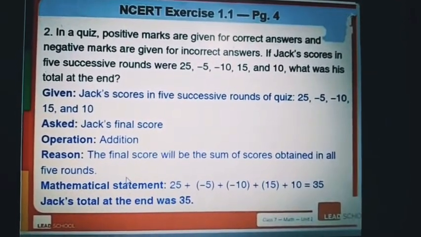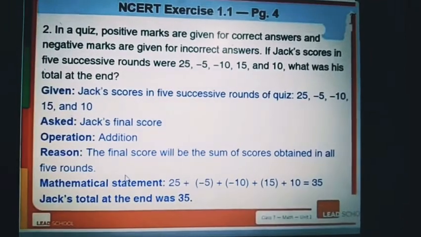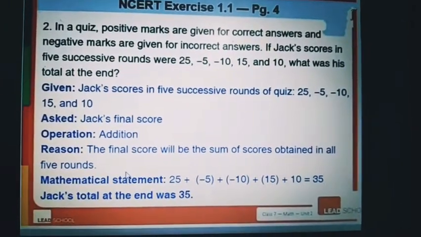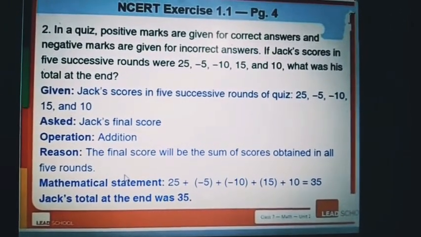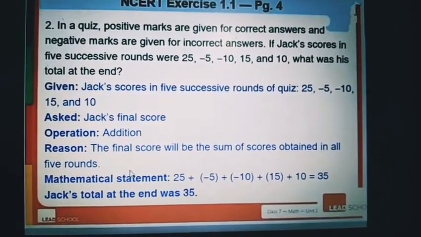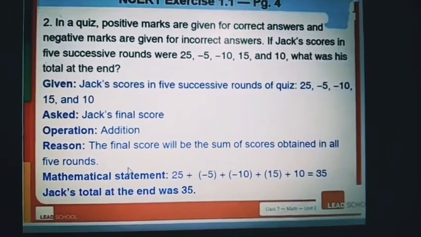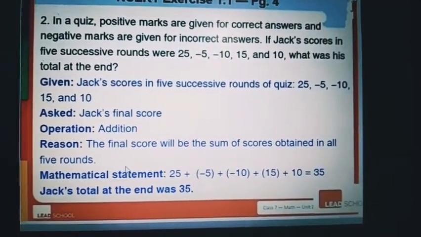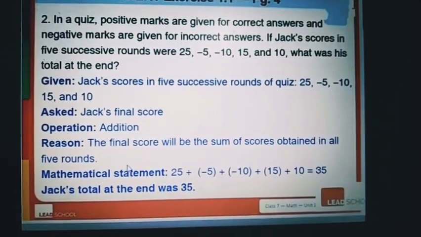So you have to add everything. So you have 25 plus minus 5 plus minus 10 plus 15 plus 10. So the total will be 35. So Jack's total at the end was 35.